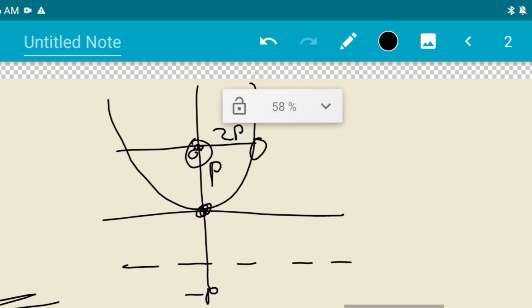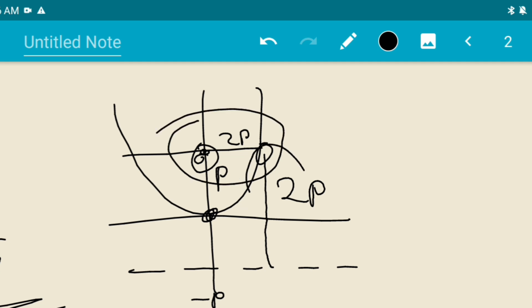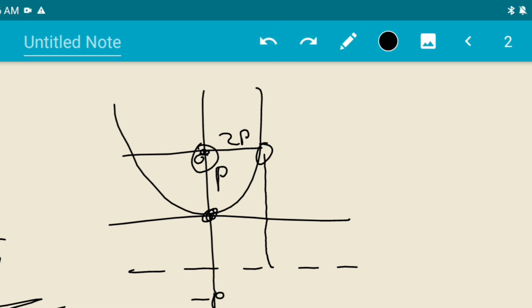So this here would be p, p. So in other words, this whole distance would be 2p as well. This is what we discussed when coming up with the formulas. We said this distance here is the same as this distance here. So to find the length of the latus rectum, it is just going to be 2p. So that would be the distance from here to here. Then the distance for the whole thing would be 2p plus 2p.